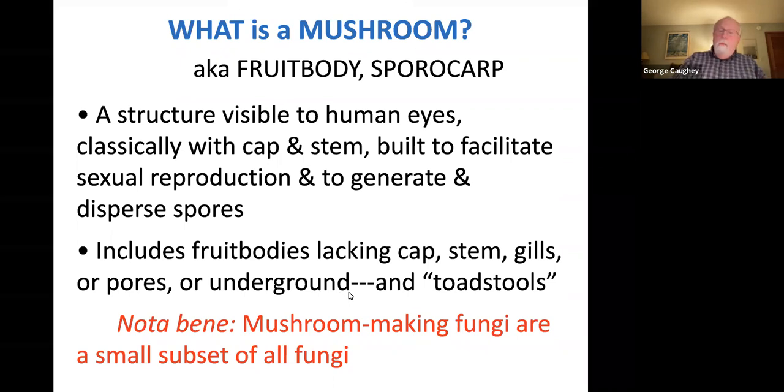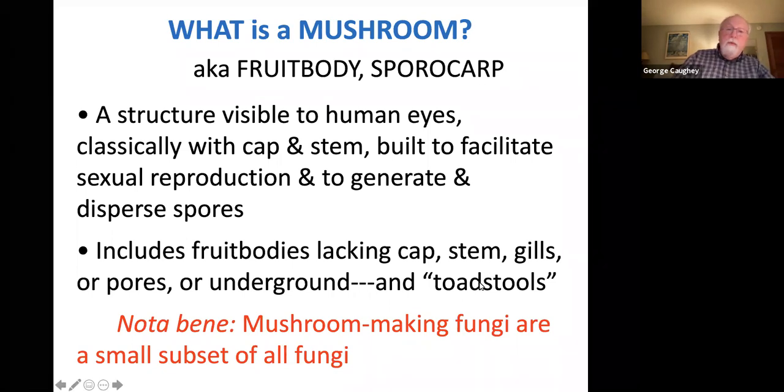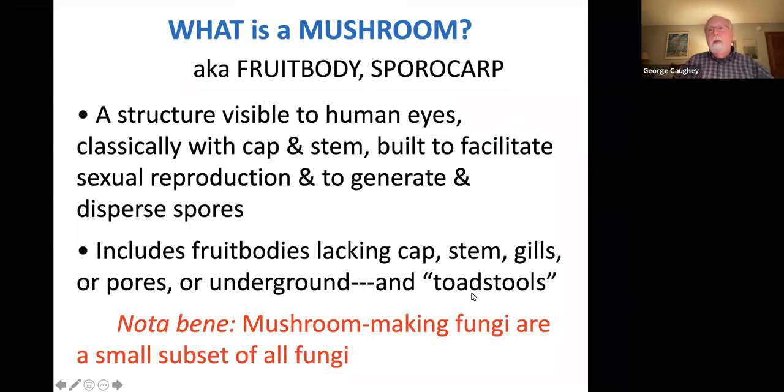And there's an enormous number of truffles, but they're out of sight, out of mind. We just don't see them because they're underground. A few we can smell, but most not. And then I also would include among mushrooms toadstools. The old literature would divide them: mushrooms would be the edible sporocarps and toadstools would be the poisonous ones, but they're all mushrooms to me.